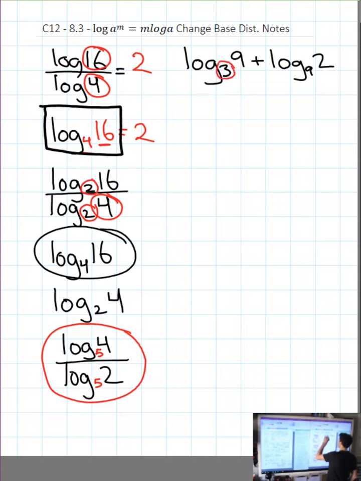Right now I have a base of 3 and I have a base of 9. And that can't happen, or I cannot combine them. So if I need to have the same base, I'm going to choose a base of 9. Now what do I need to do to the 3 to get it to be a 9 like the other base? Well, I can square it. And if I square that, I have to square the thing I'm logging as well.